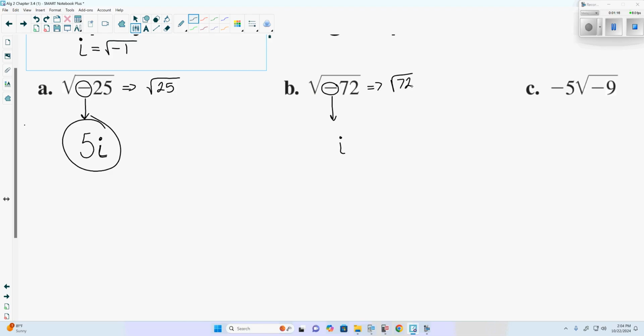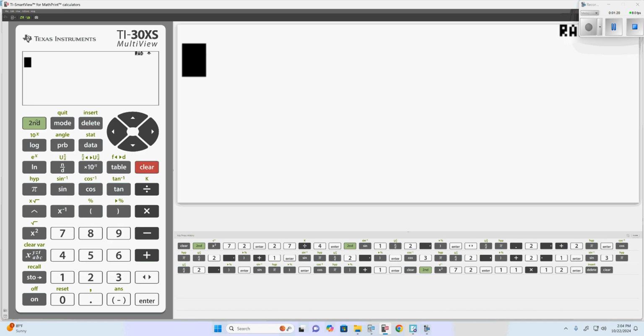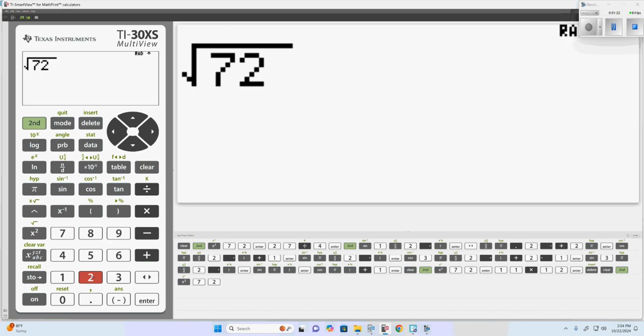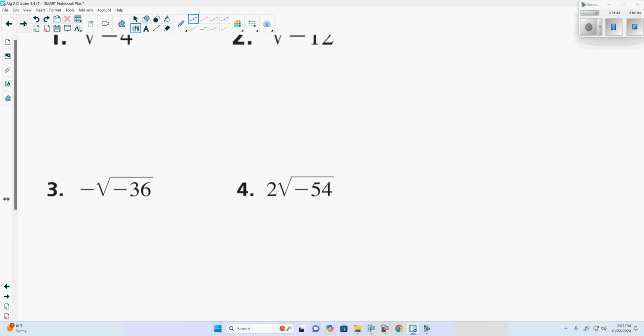It doesn't simplify as nicely, but the calculator will take the square root of 72 for us, telling us that it's 6 square roots of 2. So the square root of -72 would be 6i square root of 2. And we went through some examples of simplifying these radicals.